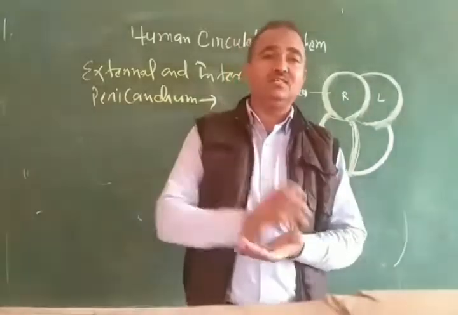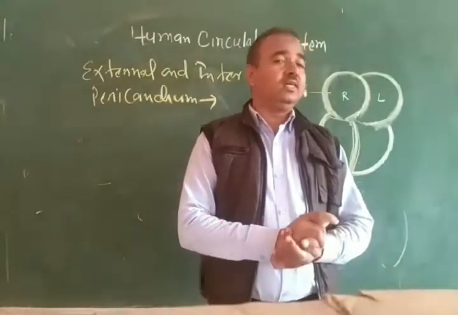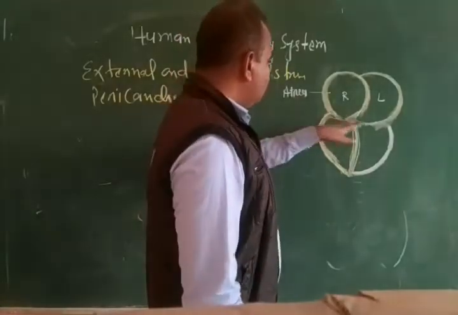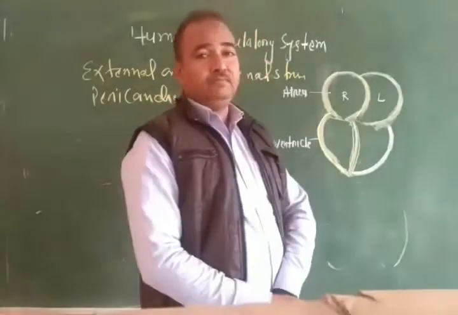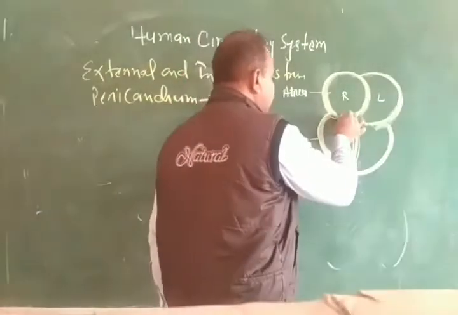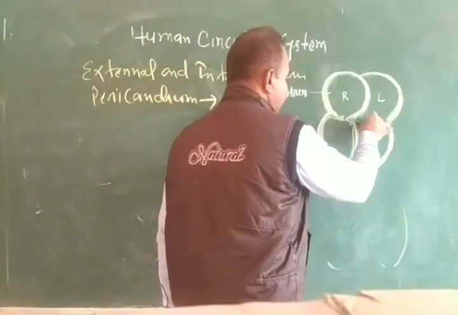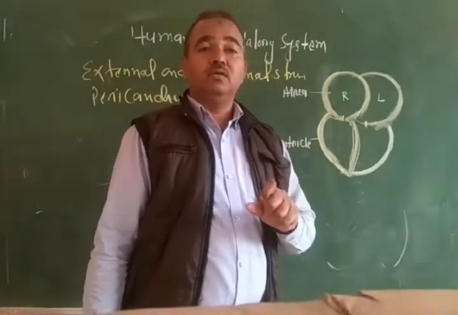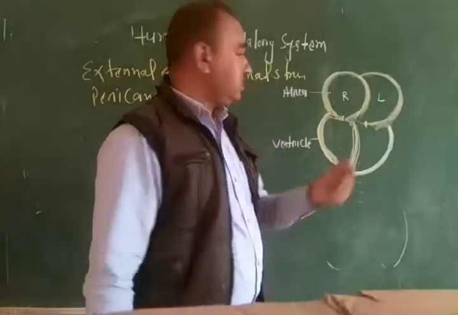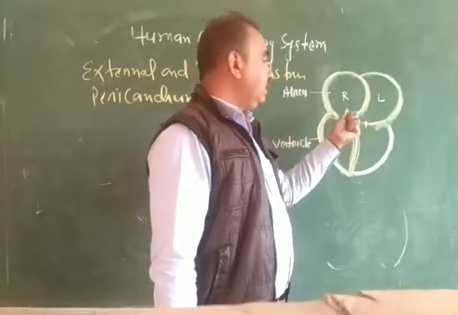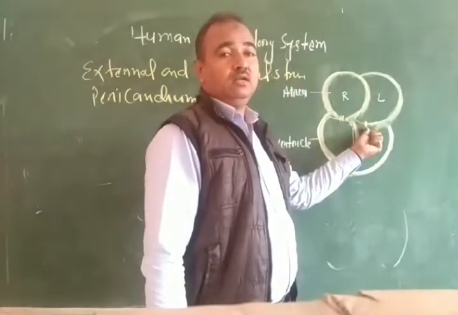Internally, when we discuss the structure of the heart, we find that these septa on the left-hand side as well as the right-hand side have specific valves. This is the tricuspid valve and this is the bicuspid valve.